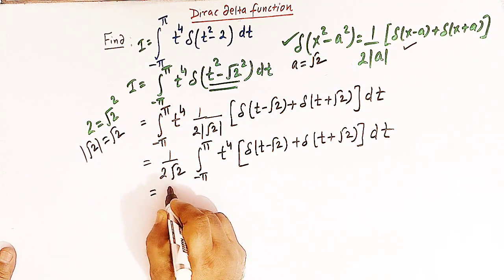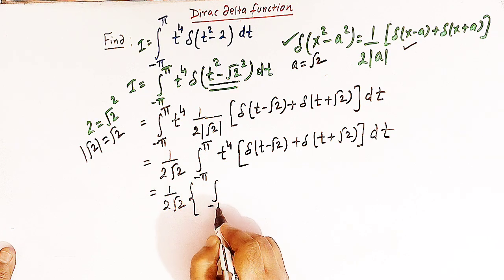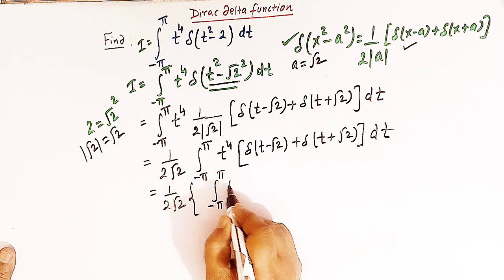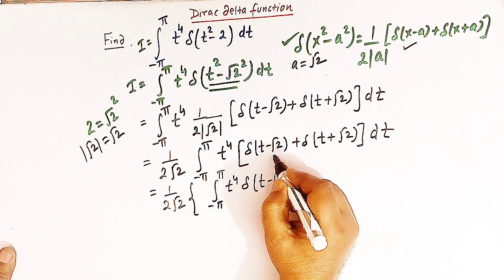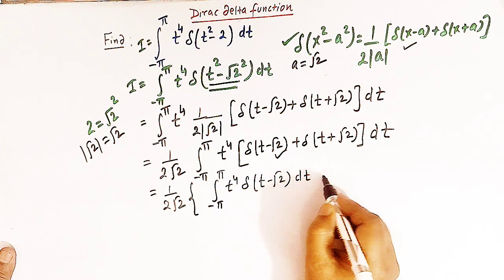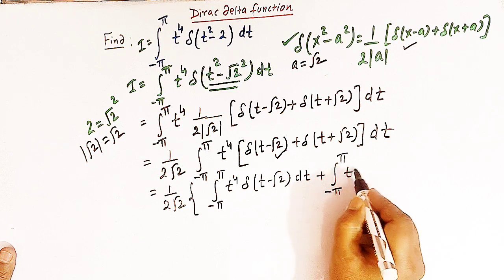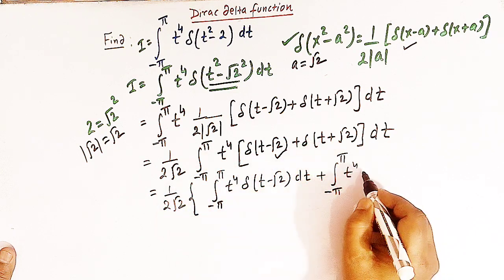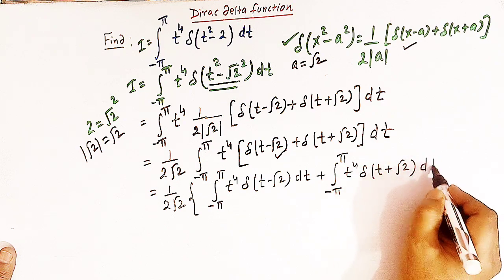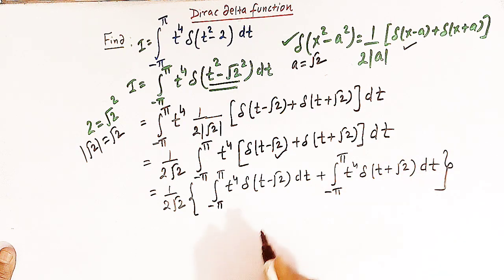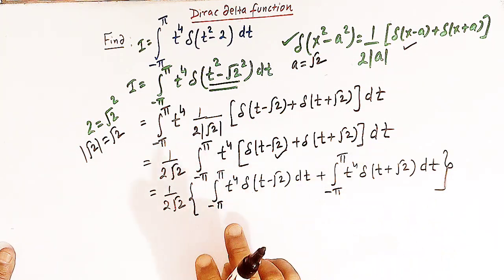So now we can write 1 over 2 times square root of 2. So the first integral is from minus pi to pi t raised to 4 delta of t minus square root of 2, right? Here we have dt, and then the second integral is from minus pi to pi t raised to 4, and here we have delta of t plus square root of 2, and here we have dt. So now we have two integrals involving the delta function.